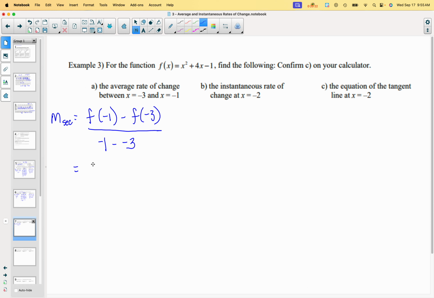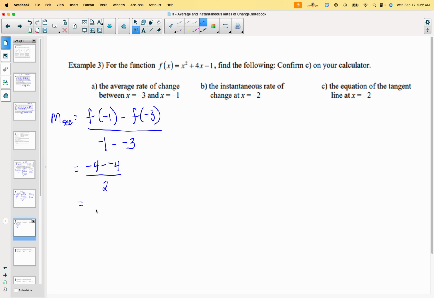If you plug a negative 1 into this function, you're going to get negative 4. Plugging in a negative 3 gives you 9 minus 12, negative 3, minus 1, also negative 4.